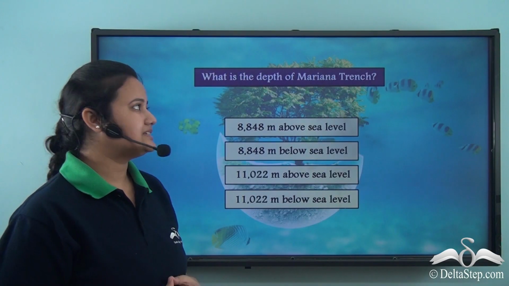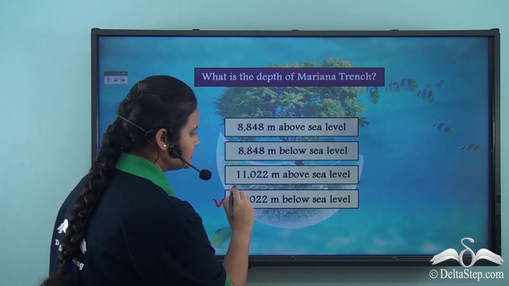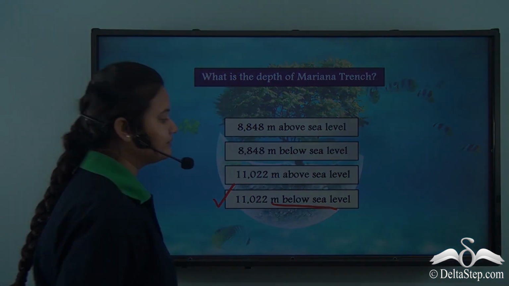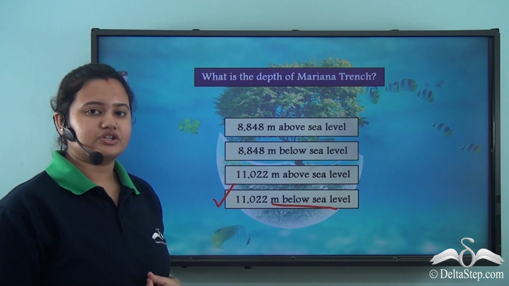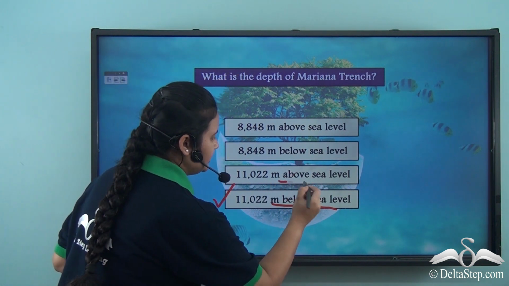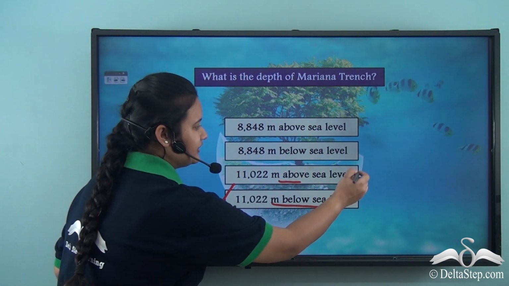Well, the correct answer is the depth of Mariana Trench is 11,022 meter below sea level. We know Mariana Trench lies deep below the oceans. So, this option, that is 11,022 meter above sea level, is incorrect.